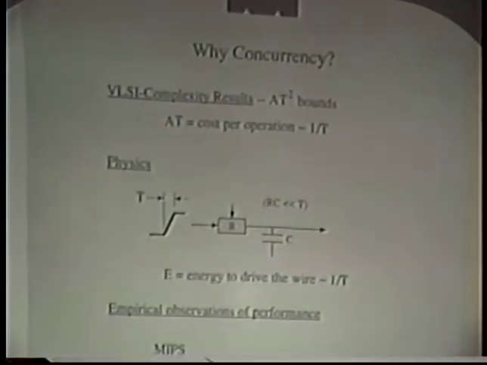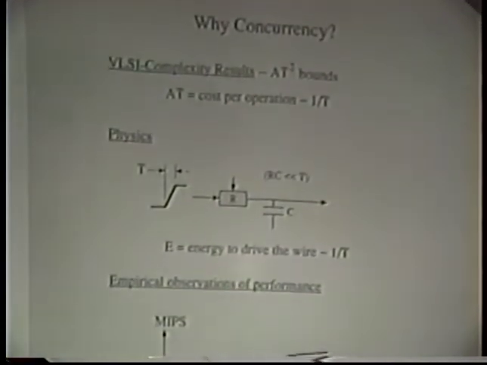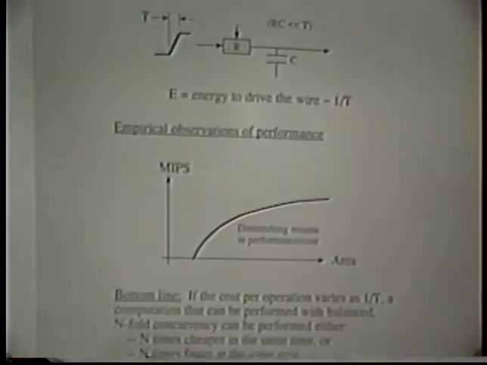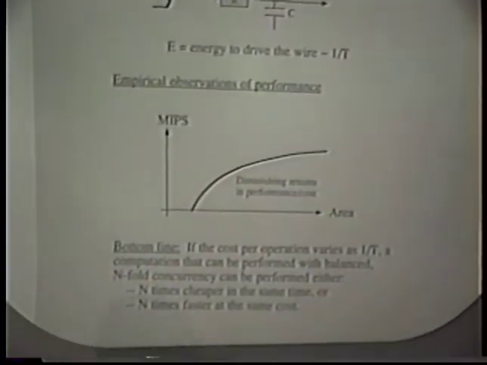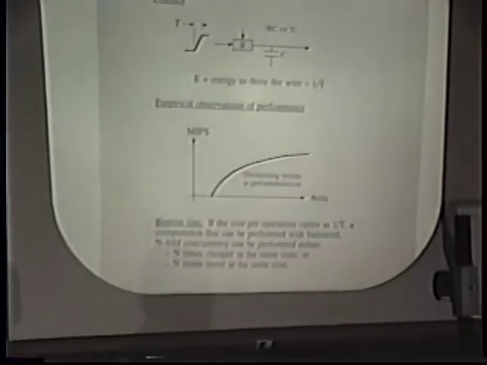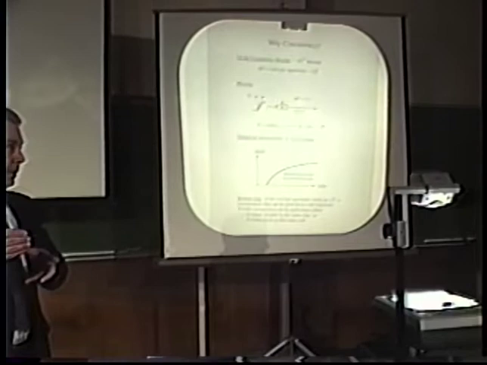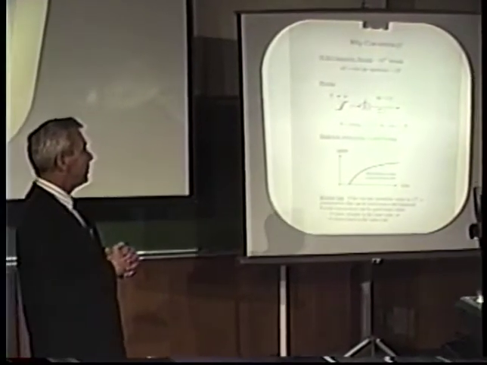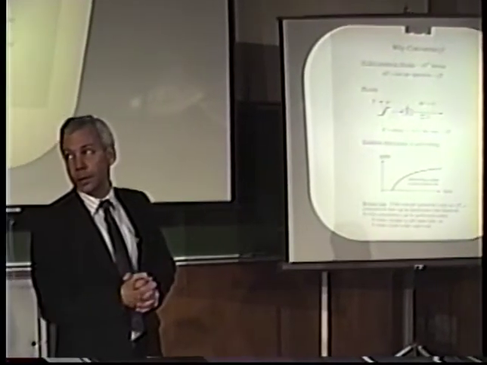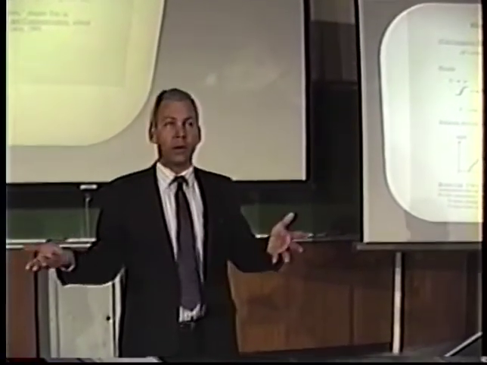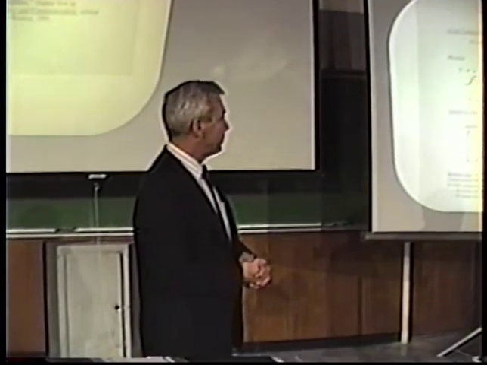First of all, starting in about 1980, there were a bunch of VLSI complexity results. These are the so-called AT squared bounds, where to perform a certain kind of computation, like binary multiplication, you could show that any implementation had a characteristic that the area, A, and the latency, T, of the computation were related such that the area times T squared was equal to or greater than some problem-dependent and technology-dependent function.